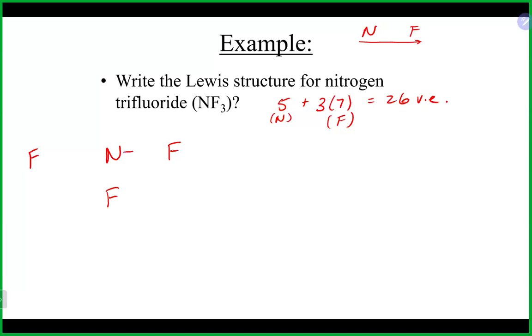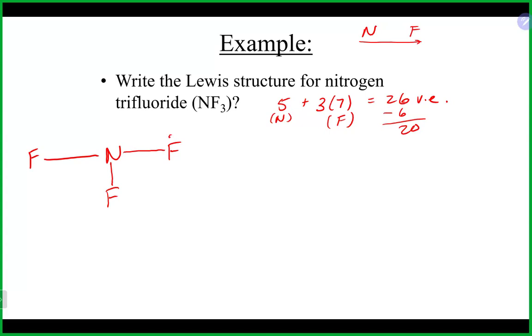So I'm just going to draw a line here, big lines. And again, each of these lines represents 2 electrons. So I just used 2, 4, 6 electrons. So if I subtract that off from my total, I've got 20 more electrons to put on this picture. Again, these electrons go on the outside in pairs, and then we work our way in if we need to.